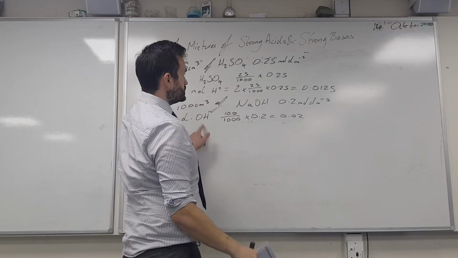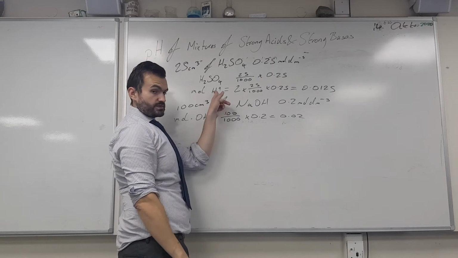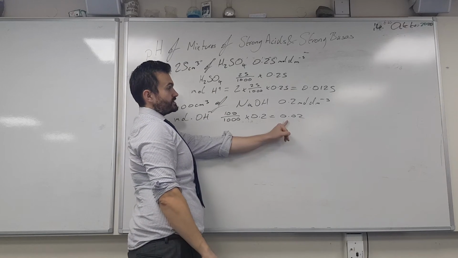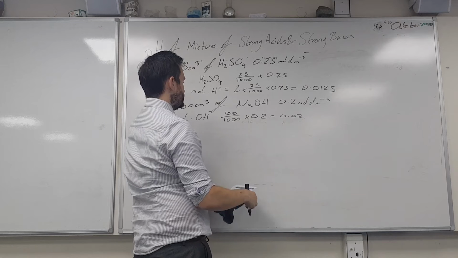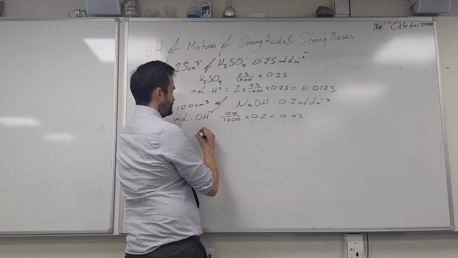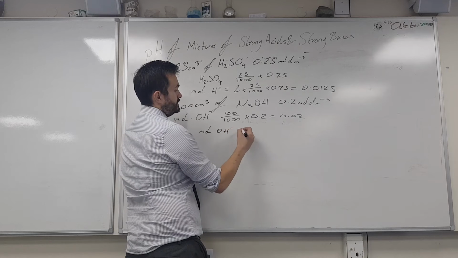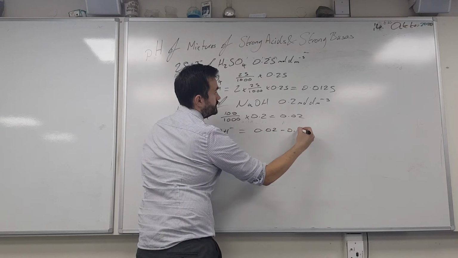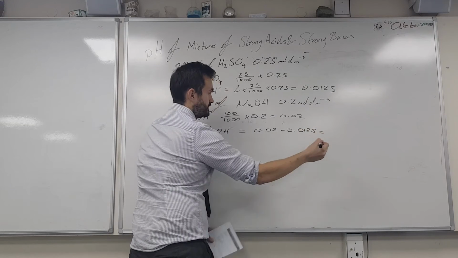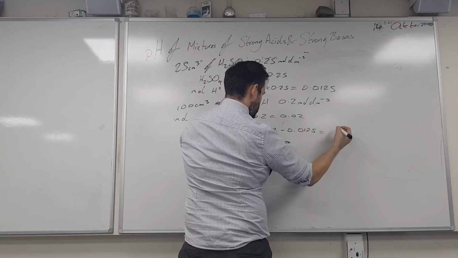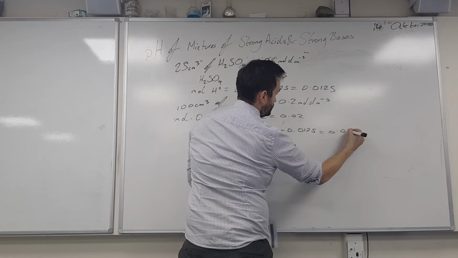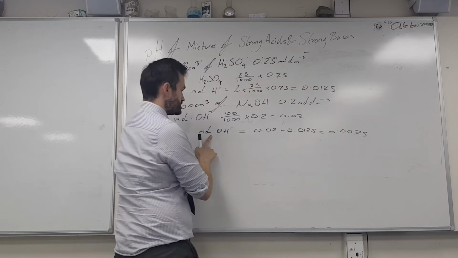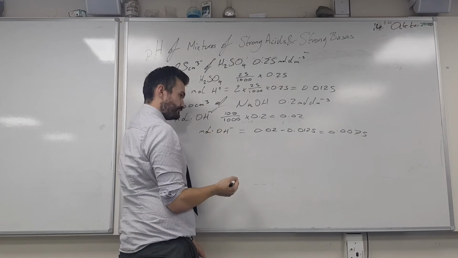We've now got our moles of OH minus and our moles of H plus. We recognise that the OH minus is greater, so it is in excess. The remainder of our moles of OH minus is 0.02 minus 0.0125, which gives us 0.0075 moles of OH minus left.